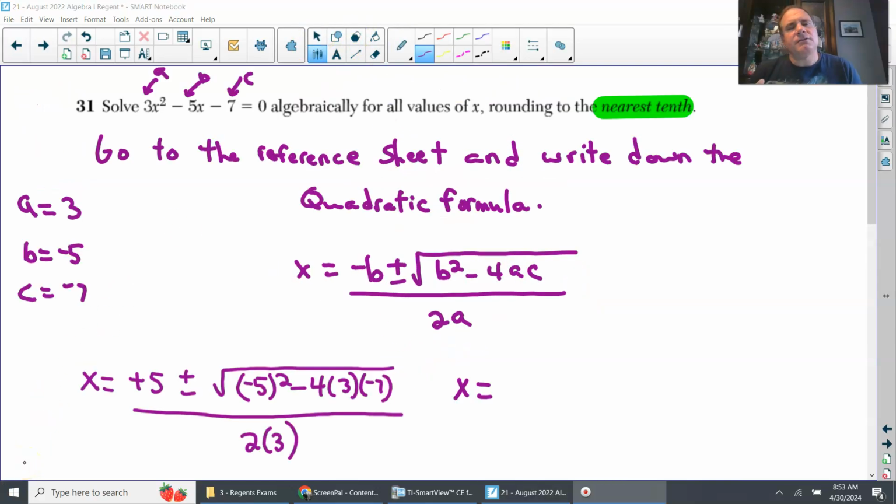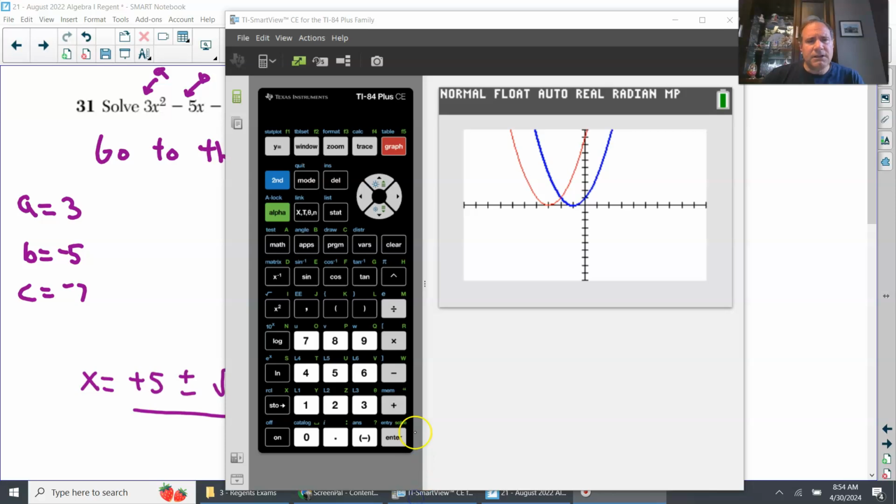So it does say to round to the nearest tenth. When it says exact values, you have to probably leave the radical intact. But rounding to the nearest tenth means you're going to get a decimal and you have to round it to the nearest tenth. But I'm just going to put whatever's underneath the radical into my calculator.